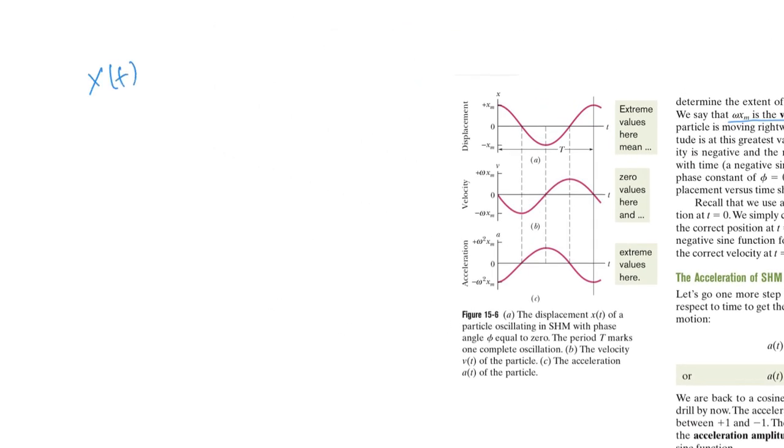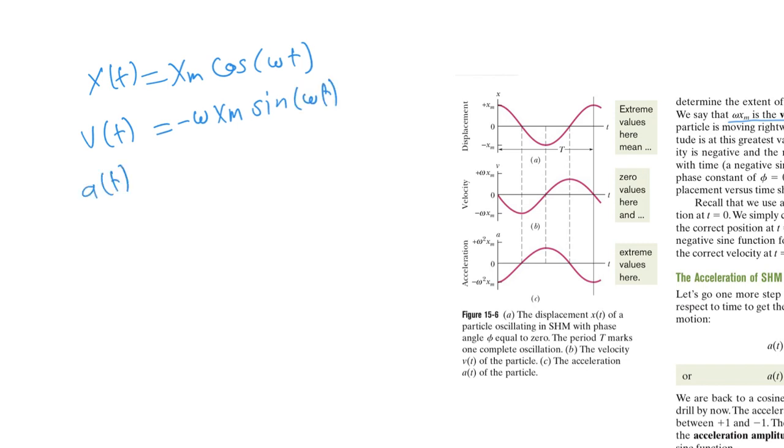x of t of the simple harmonic motion is xm cosine omega t, and the velocity will be minus omega xm sine omega t, and the acceleration will be minus omega square xm cosine omega t.